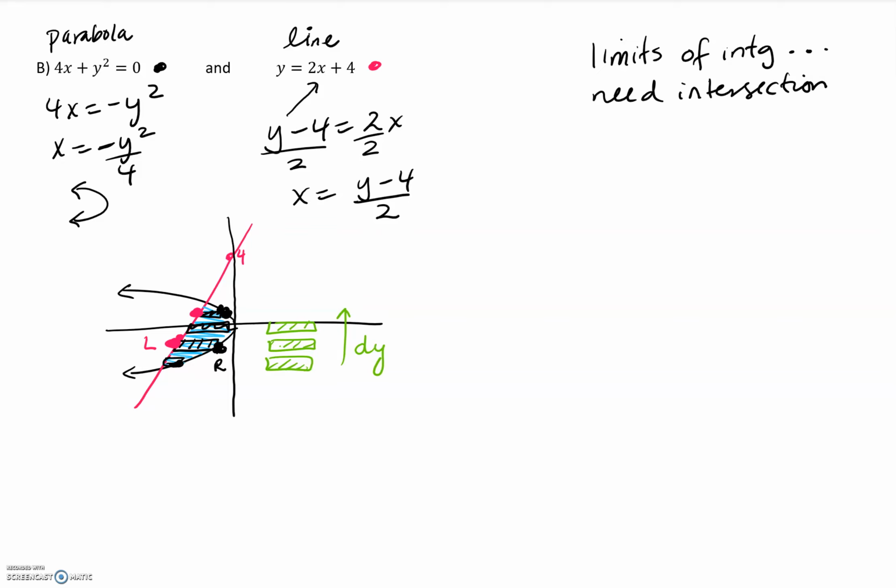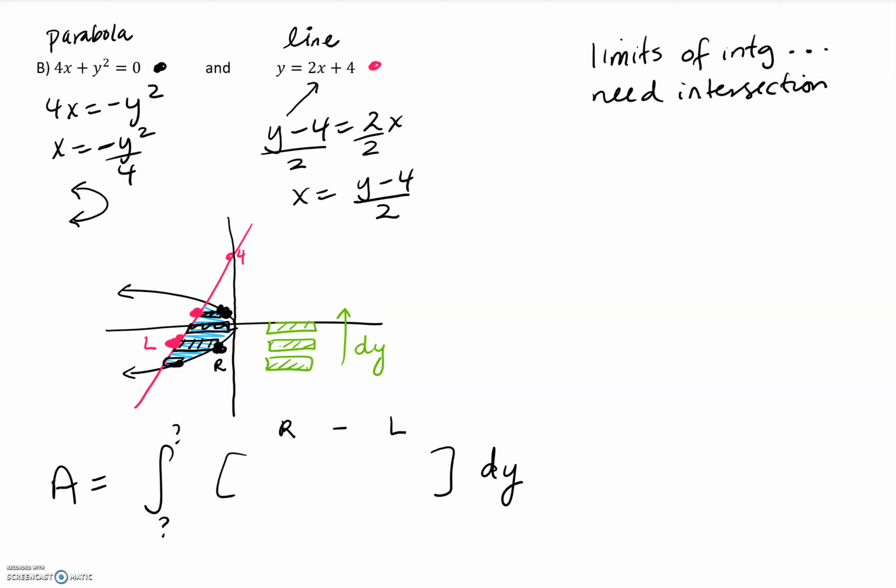I just need to get my limits of integration to know from where to where I'm stacking them up. So my area bounded will be right minus left, my right-hand function on the right, and then the left side, whatever function it is, dy. These guys are the things I'm trying to get.